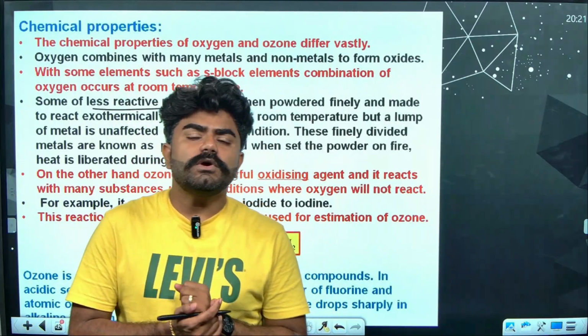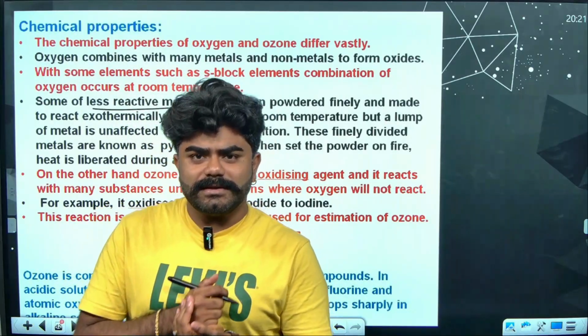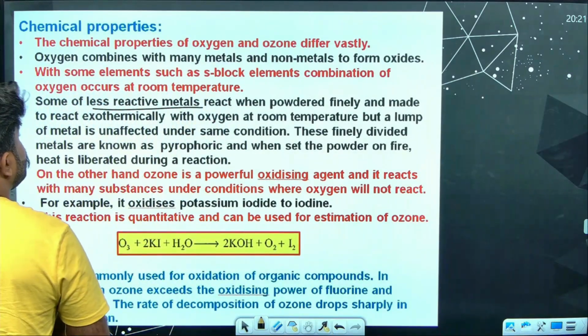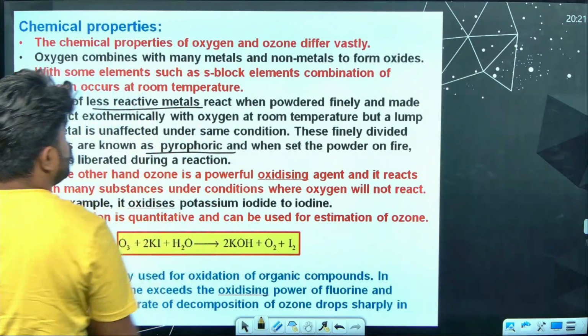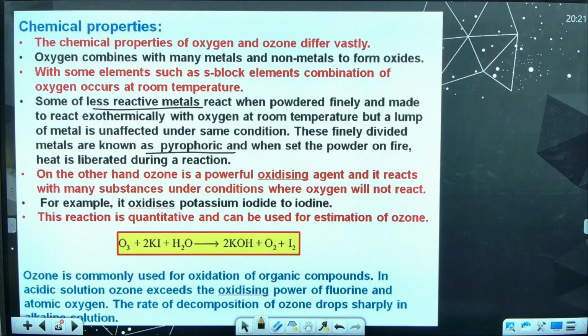We will have to finely powder that metal, and we are going to call that a pyrophoric reaction. Those metals we call pyrophoric metals, because when you break or powder the metal, you will be setting that powder on fire.